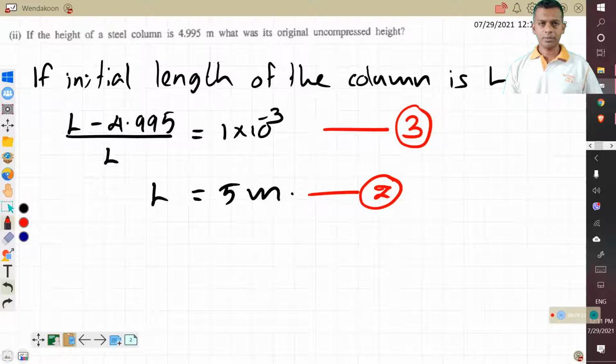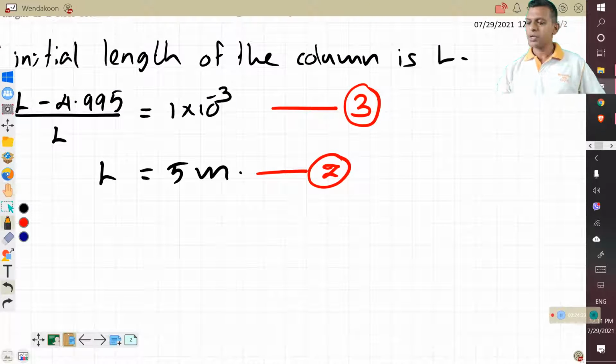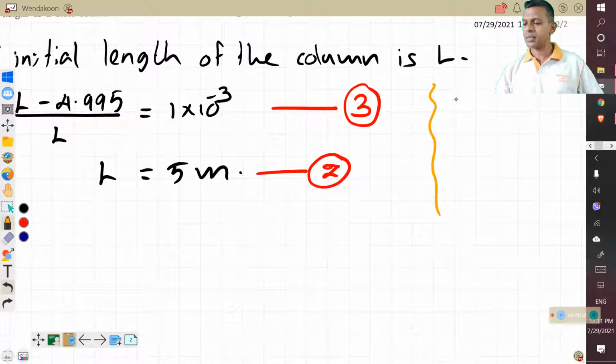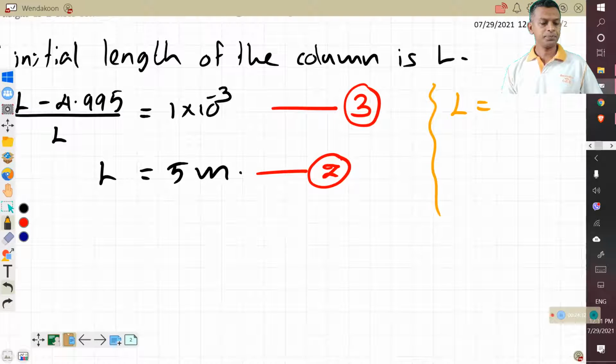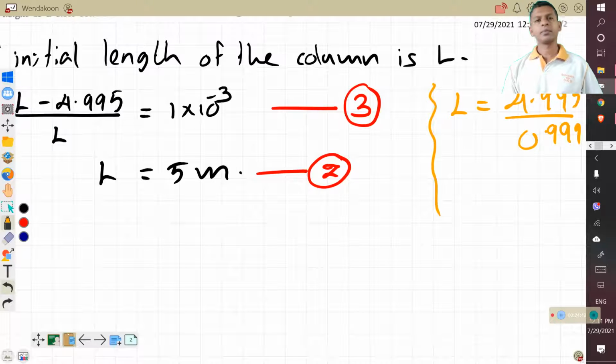There is an important thing I want to tell you about this answer. If you continue this simplification, you will find an expression like this: L equals 4.995 divided by 0.999. This type of a division is coming for your simplification. Now here, some students had used log for this simplification.